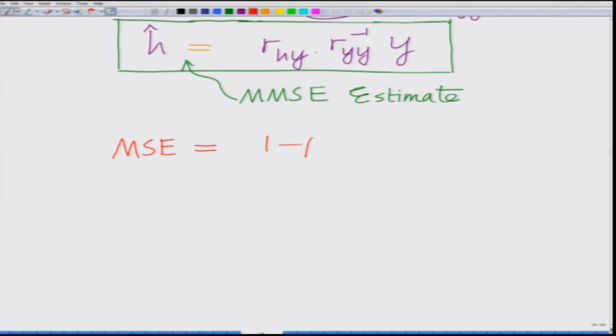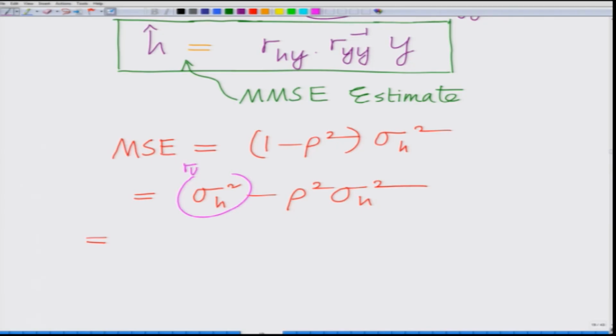This is equal to 1 minus rho square sigma h square, which is basically sigma h square minus rho square sigma h square. Now, of course, we already know what this quantity is. I am sorry, this quantity here is basically your r h h.